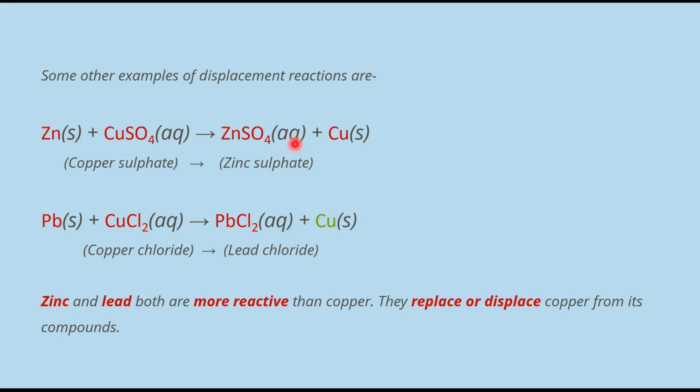In both of these examples, you will see that copper is displaced. Zinc and lead are both more reactive than copper and hence they displace copper from its compounds. These two examples reveal displacement reaction.